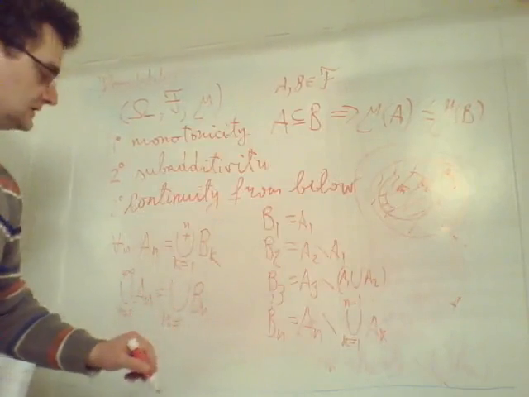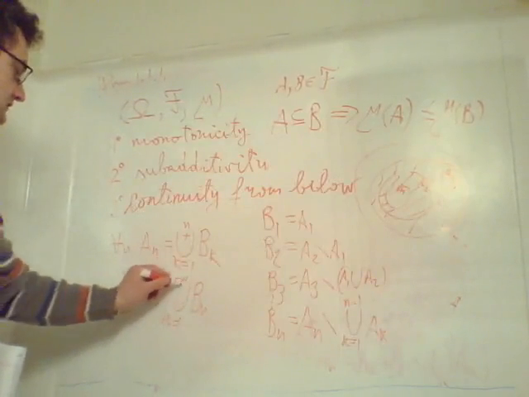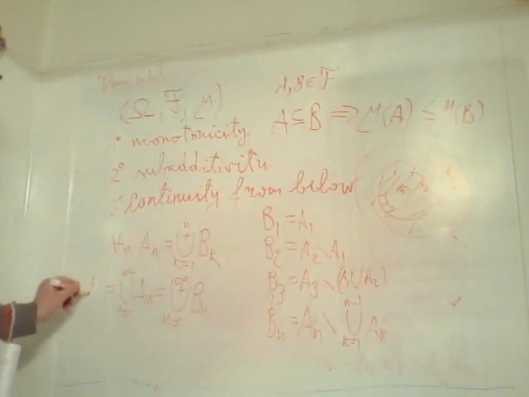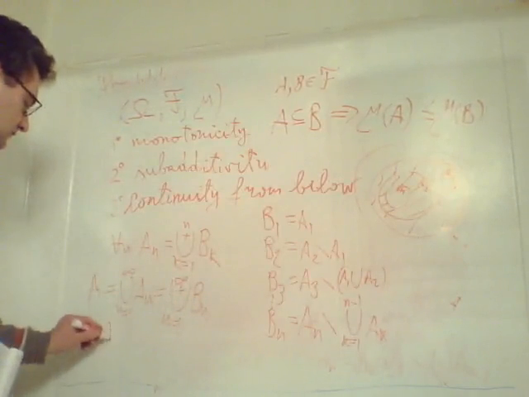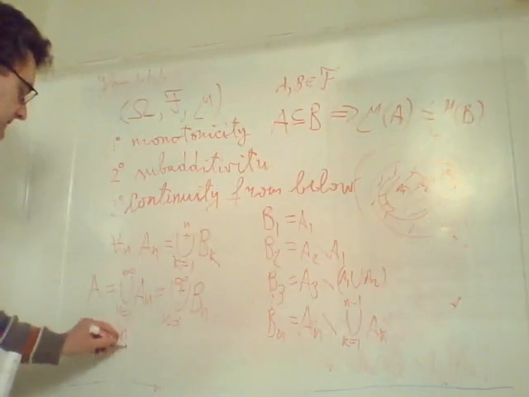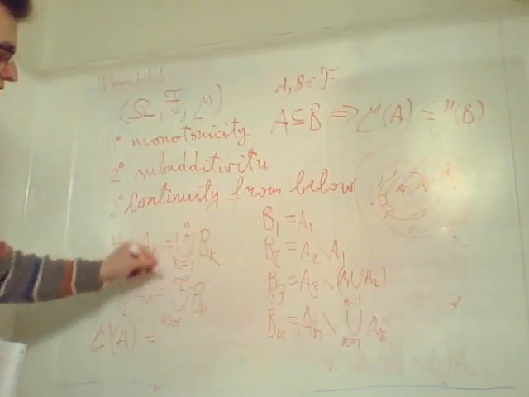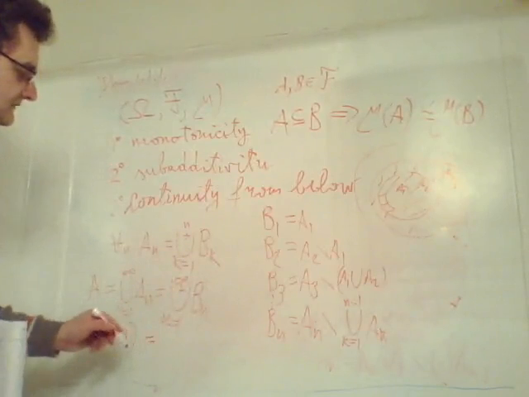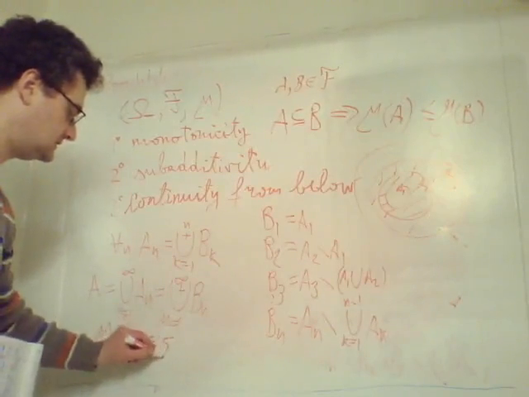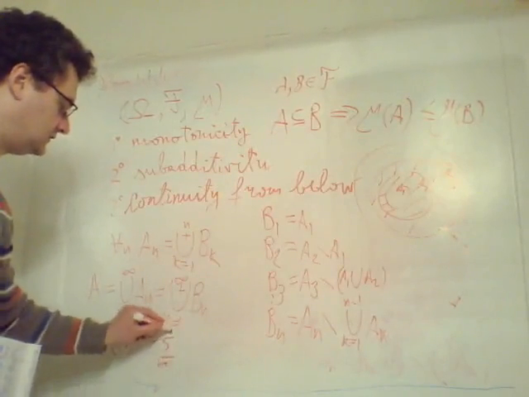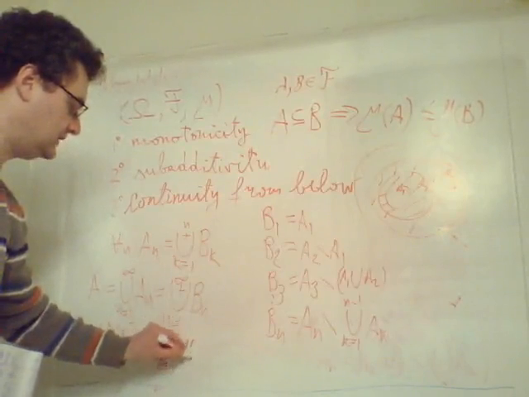So now this is a countable disjoint union, but this is A. So mu of A is mu of this. By sigma additivity of measure mu, this is the series, n goes from 1 to infinity, of mu of Bn.